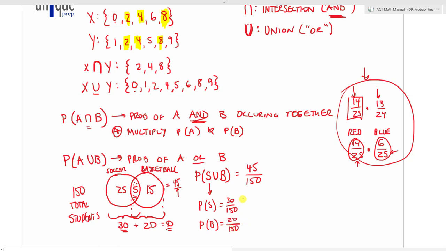But remember, when we add those two together, we get that 50 out of 150 that we just said we didn't want to get. What do we have to do? We have to subtract out the number of players that are both soccer and basketball, and that will give us the 45 out of 150.